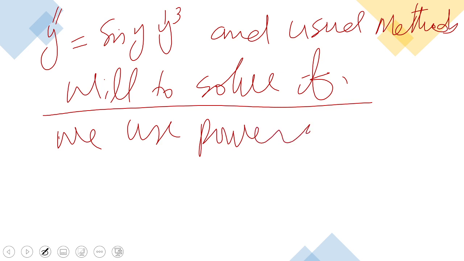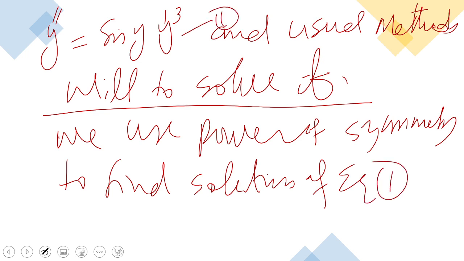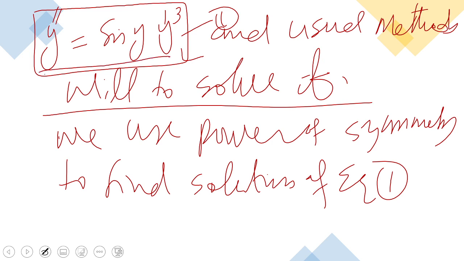Now we use the power of symmetry to find the solution of equation 1. Let's say this is my equation. You see this equation admits a symmetry generator. All symmetry experts know that this equation admits this symmetry, partial by partial x.